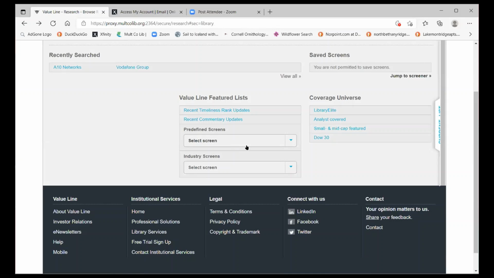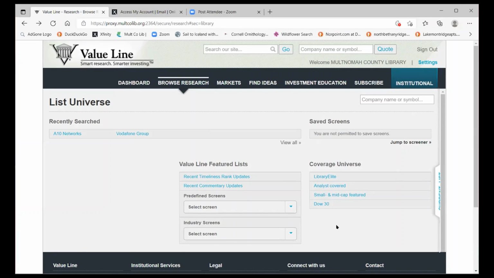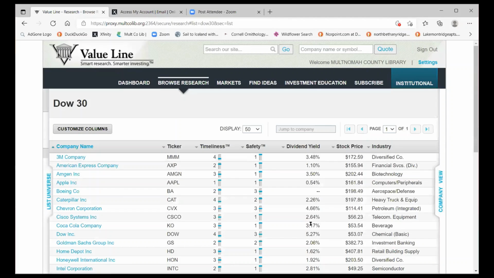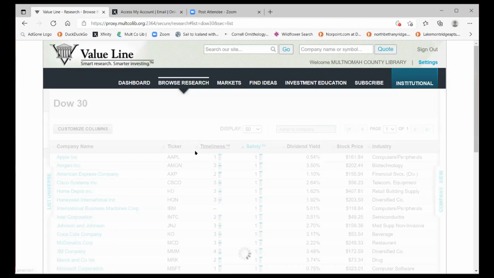The predefined screens are also interesting if you want to go through those. The thing that I do on a regular basis, since one of my accounts I keep pretty heavily in the Dow, is I go out to the Dow, and it has the information that I want across the page. What I do then is sort it by safety and then by timeliness.